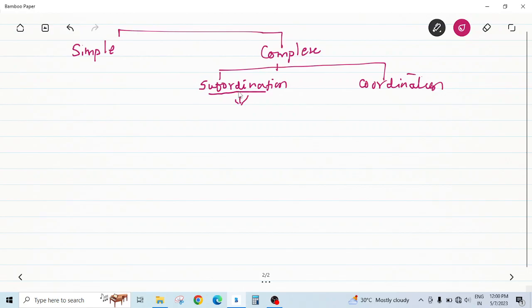another important concept, that is main clause. In short, it is written as MCL. Then you have coordinate clause, and then you have subordinate clause.